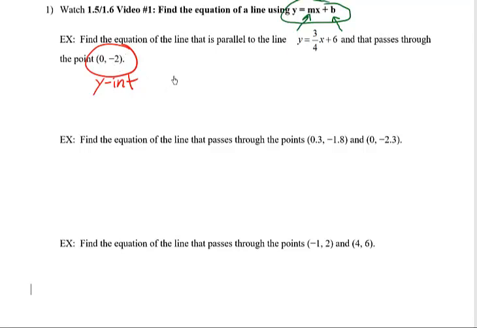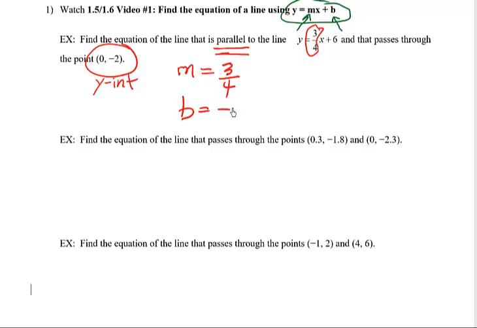If I can just figure out the slope, I'm basically done with this problem. Well, we have already learned that parallel lines have the same slope. I can see that the slope of this line is 3/4, right, the number in front of the x. That means my slope is also 3/4. In other words, for my line, the one I'm trying to write down, we have just figured out the slope is equal to 3/4 and the b is equal to -2.